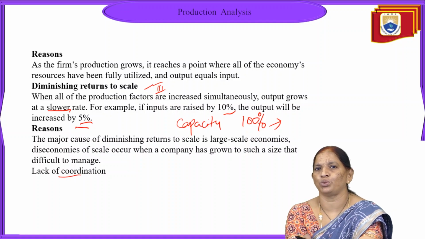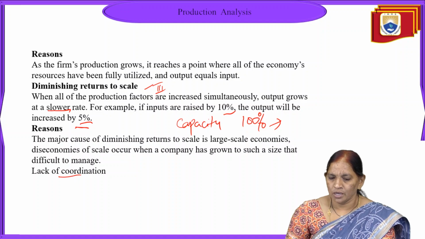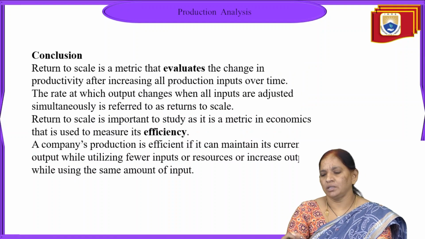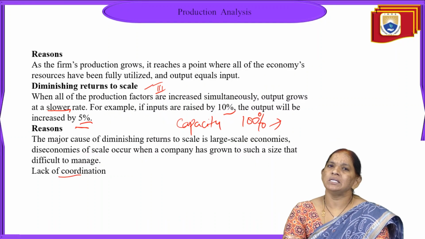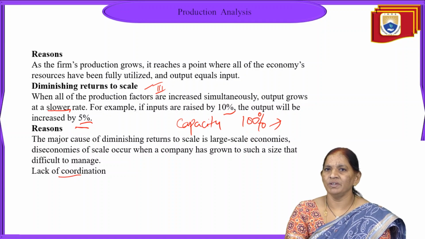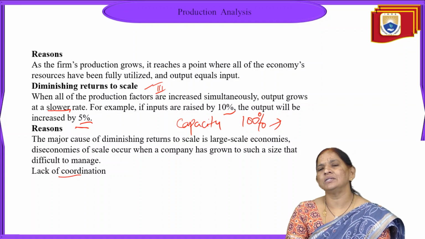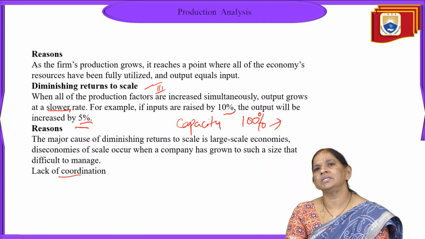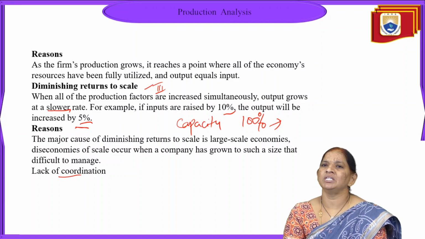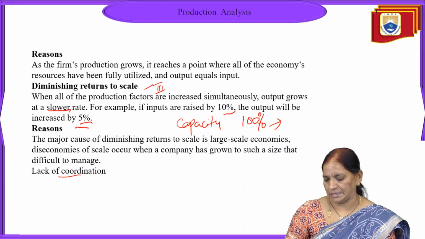So in this way, we can say that three stages occur in the returns to scale. In the long run we have increasing returns to scale, constant returns, and also diminishing returns to scale.